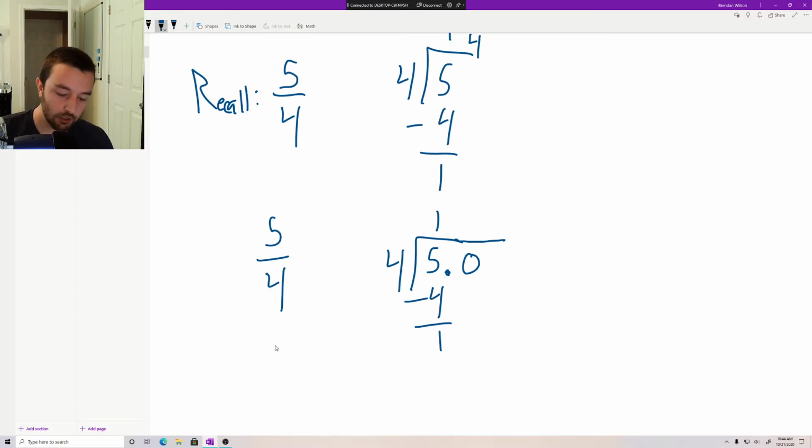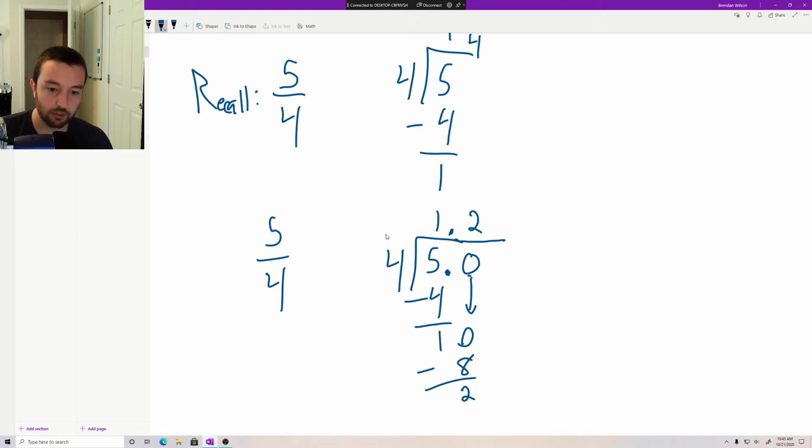So now what we can do is, instead of dealing with that remainder, we can just keep the division going. We can bring that 0 down. Now, when we put a decimal place in the 5, we should also put a decimal place in our answer, okay? Because we're always lining up the place values. So now we're just going to keep going. We're going to say 4 goes into 10 how many times, which is 2.